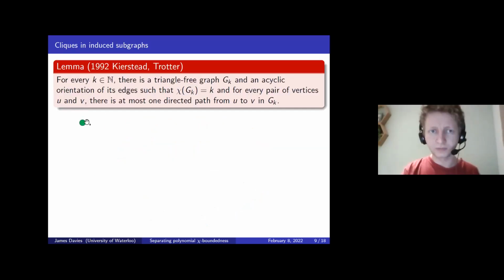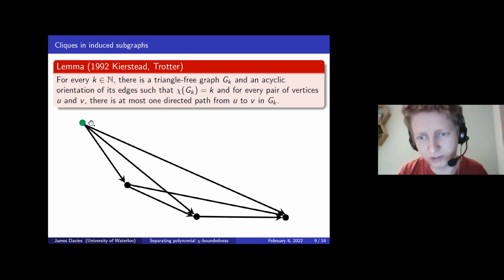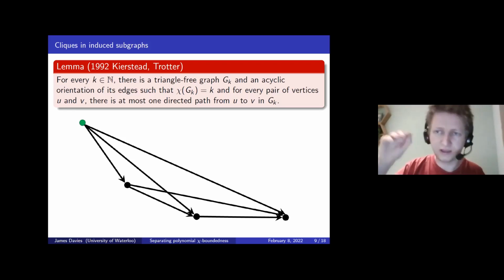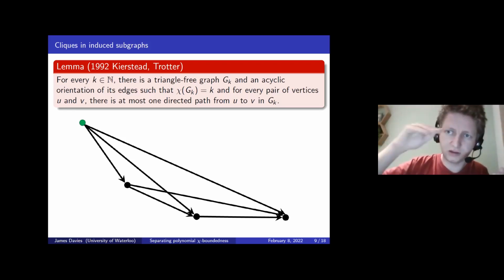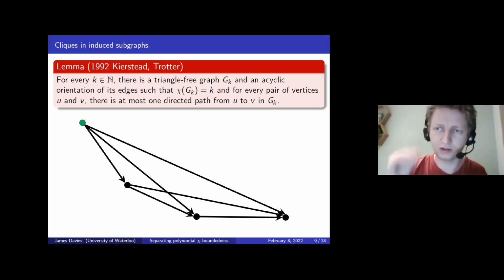So say we look at a vertex in our graph and we want to look at a clique that contains it. Then it might look like this. Because of the way we're adding these directed edges along these directed paths in the same direction, our cliques are all going to be transitive tournaments in this case.